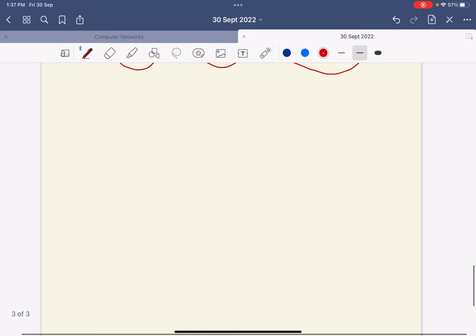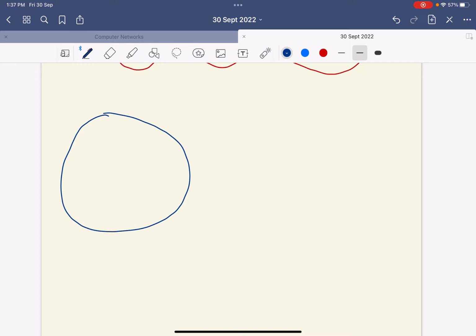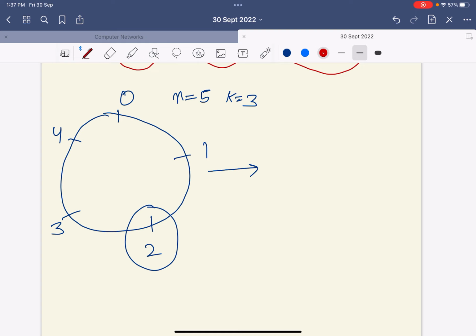So what we can say here is that if I have given n is equal to 5 and k is equal to 3, I have 0, 1, 2, 3 and 4. What happened in the next iteration? This 2 will be killed and I will be left with n is equal to 4. 4 persons will be left in the circle, but k will still be 3.